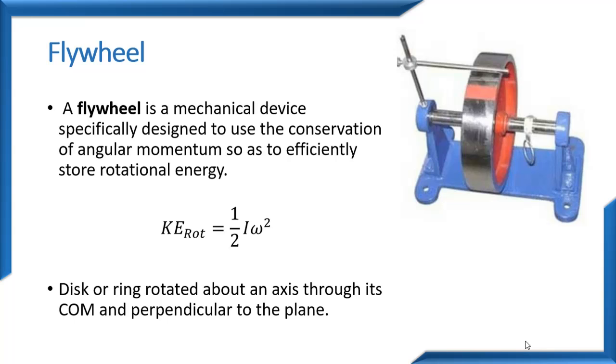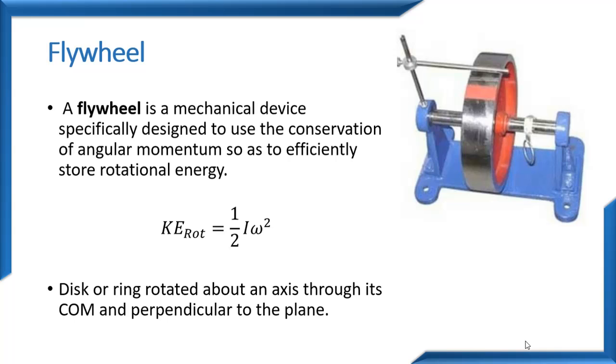Angular momentum consists of a magnitude and a direction. That is, when a body is rotated, the body resists any change in its direction of rotation or plane of rotation and also its rotational velocity. Therefore, angular momentum is conserved for every rotating body.